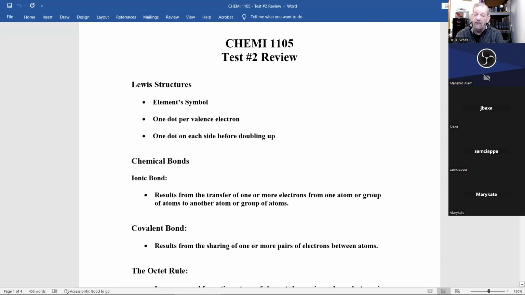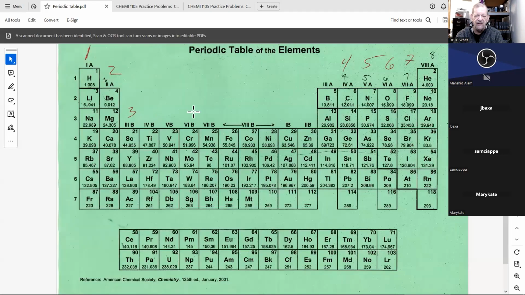As you hopefully remember from test 1, the number on the top, here in red, or the Roman numerals, is the number of valence electrons. So if I were to ask you for the valence electrons for argon, Ar has 8 valence electrons.